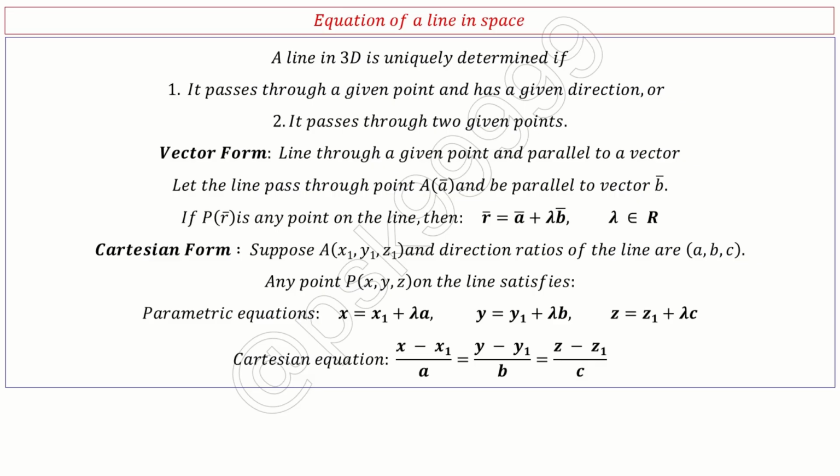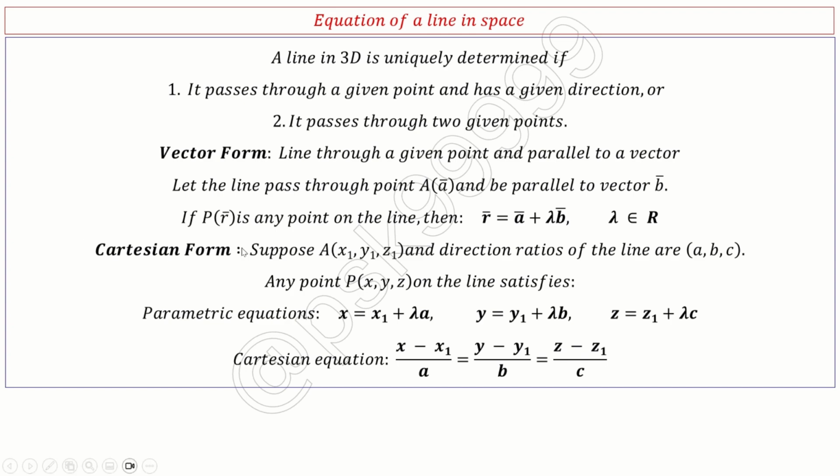That's why we represent using lambda. In the question they may either give b bar directly with some values, or multiplied with some constant k or lambda, some integer or real value. Both are actually the same. If it is given a plus b bar or a plus 5 b bar, both represent the same line. That is what you need to understand here.